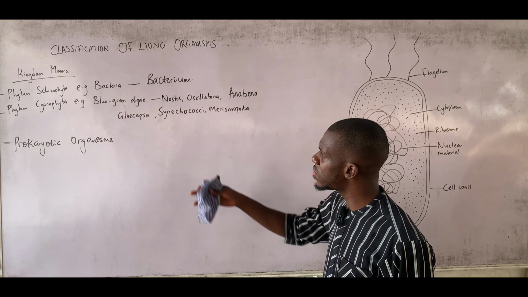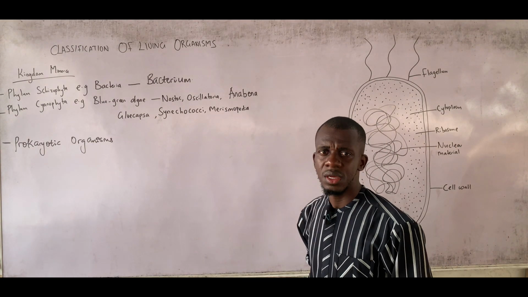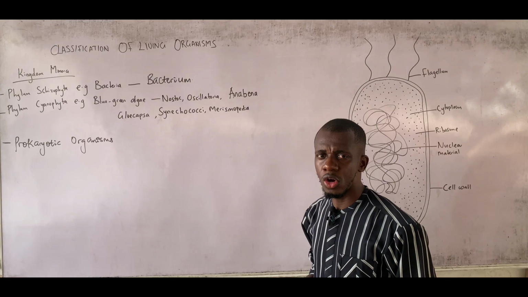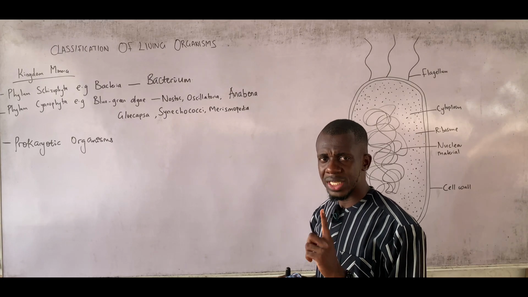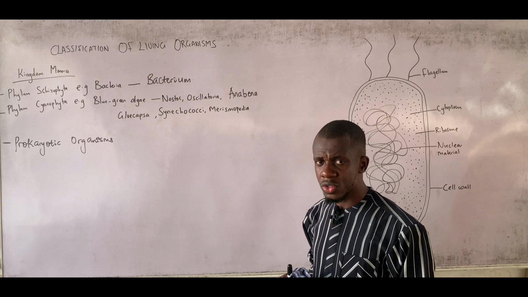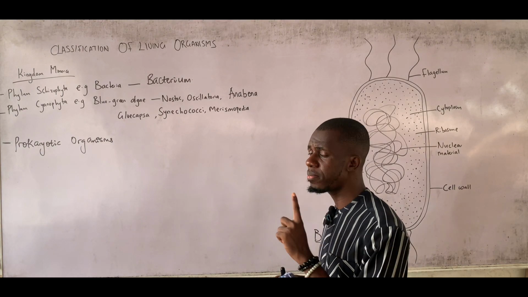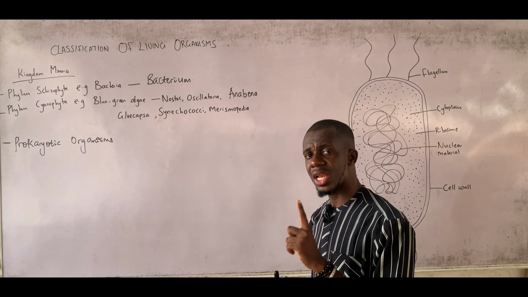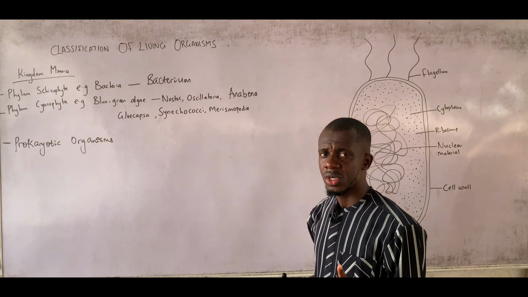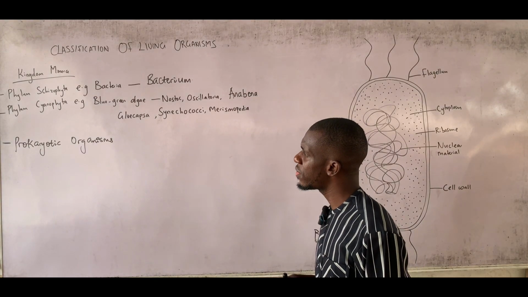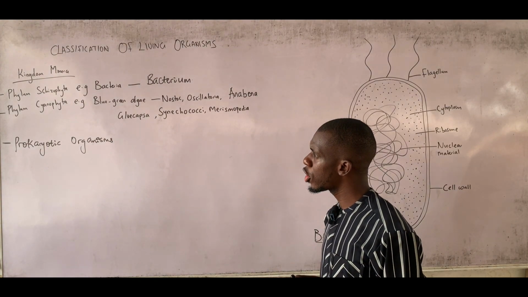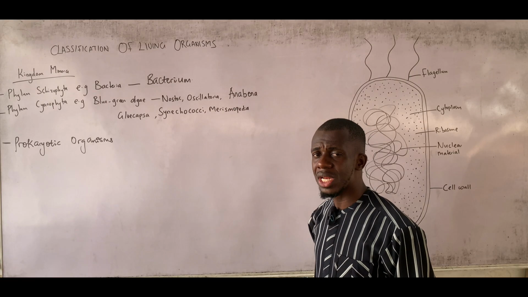So these are the basic members of the Kingdom Monera. Do not forget their qualities. One, they are prokaryotes, and I told you what it means to be prokaryotic: they lack membrane-bound organelles and they lack a well-defined nucleus. Two, members of the Monera include bacteria and the blue-green algae.